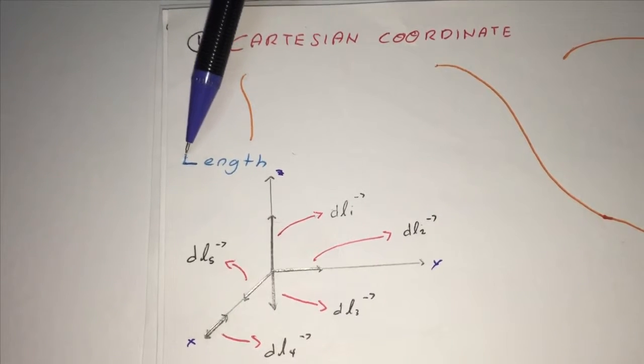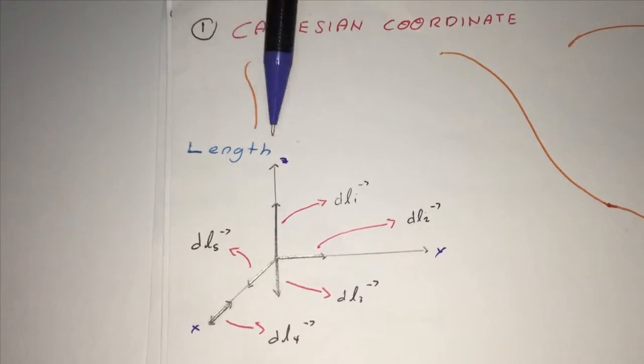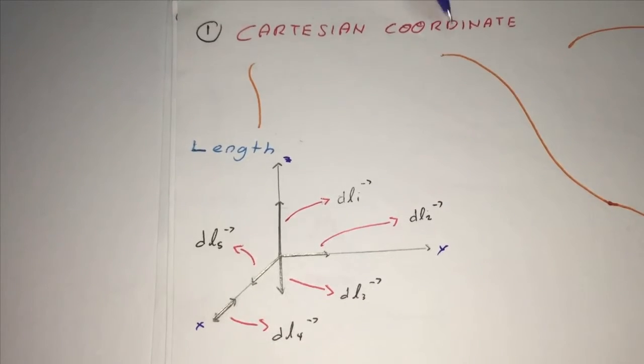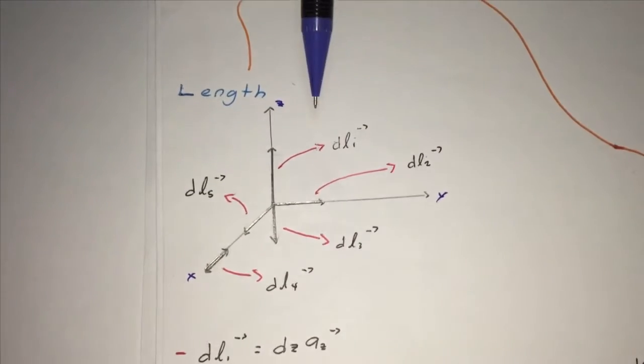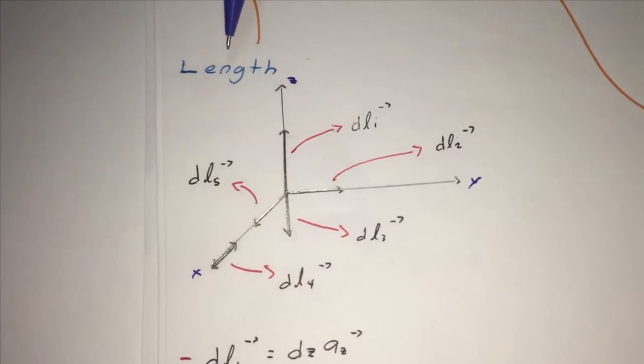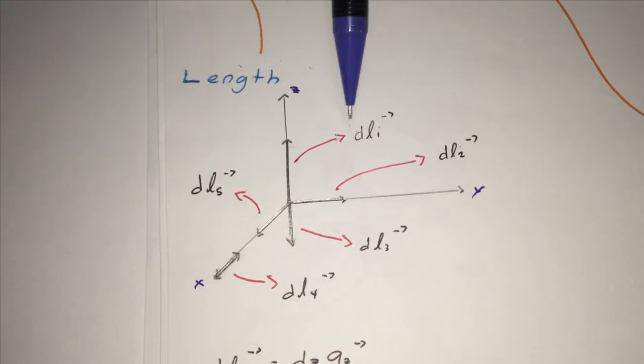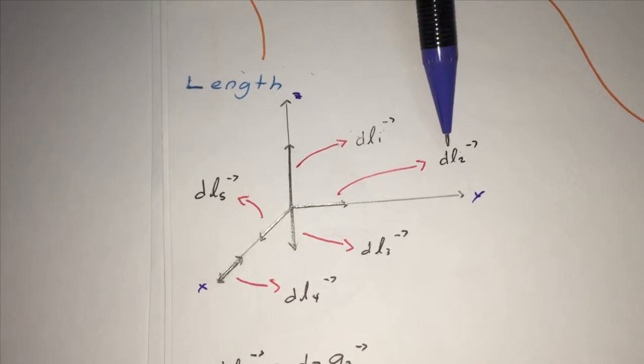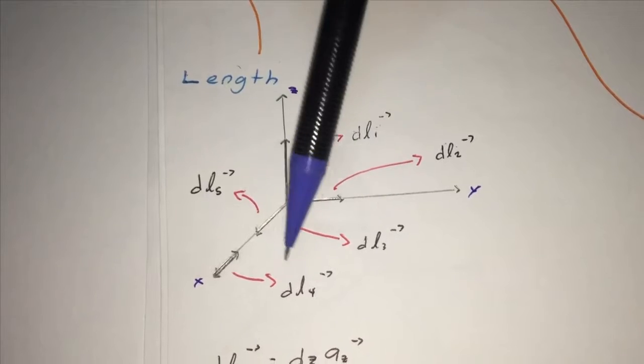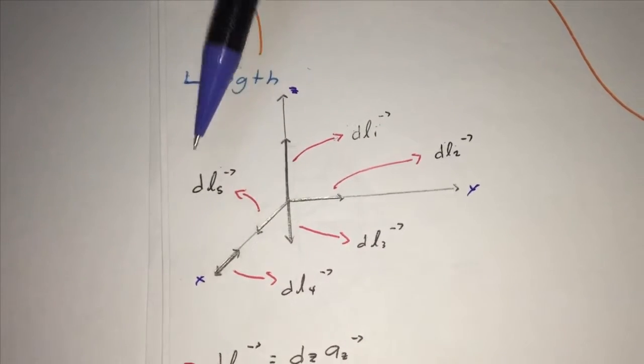Okay, we will talk first about differential length for Cartesian coordinates. This is an example for differential for length. Number 1, dl1, number 2, dl2, dl3, dl4 and dl5.